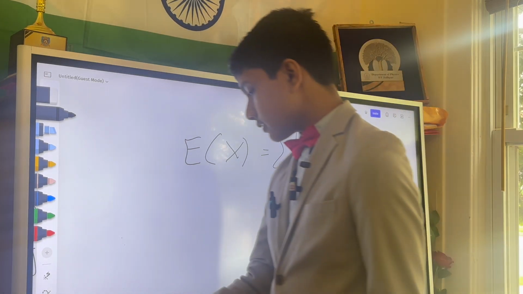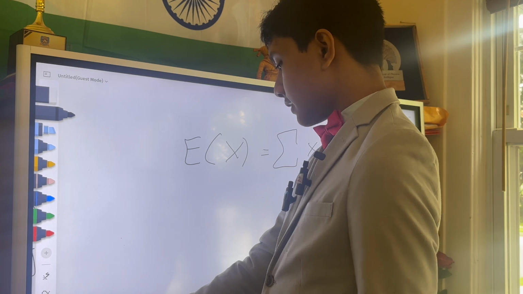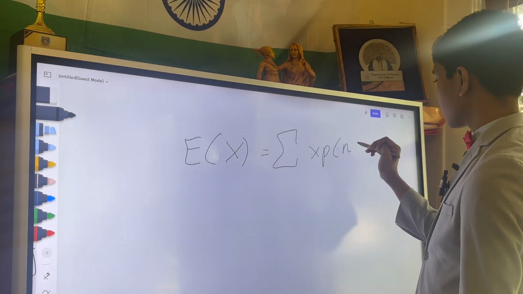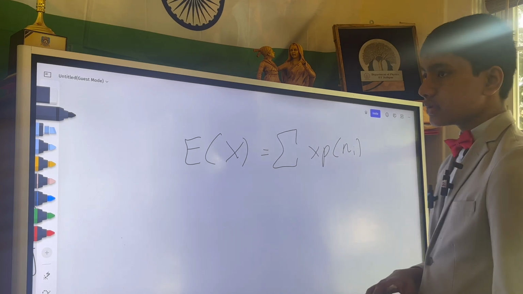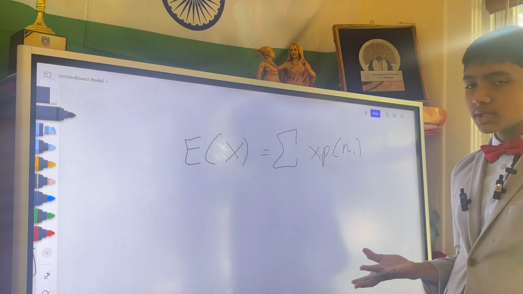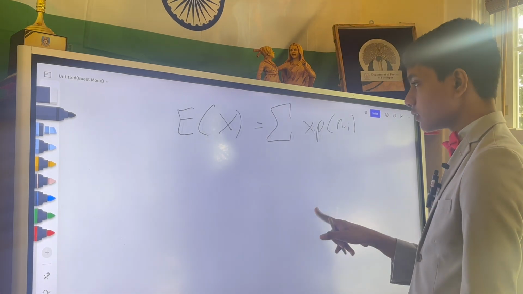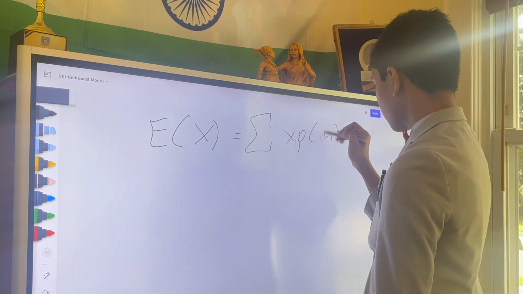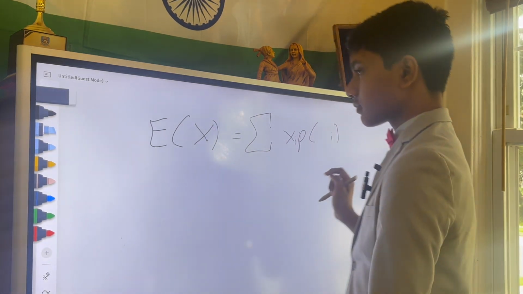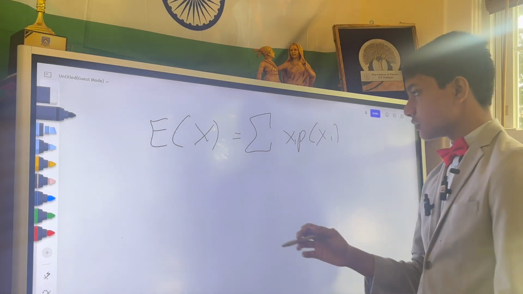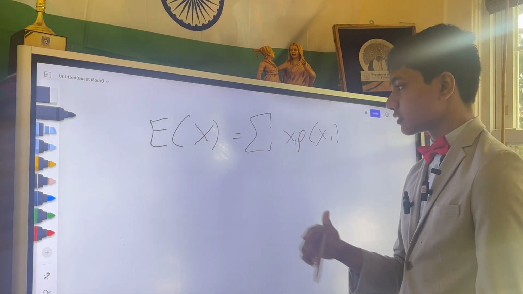Well, I think it would be better to just write it as n. Okay, but now, what is it going to look like for a continuous random variable?